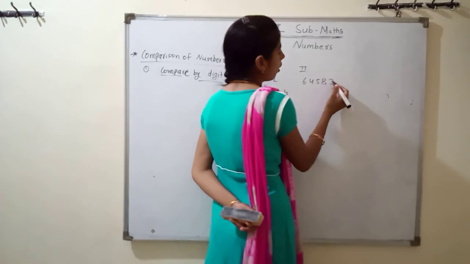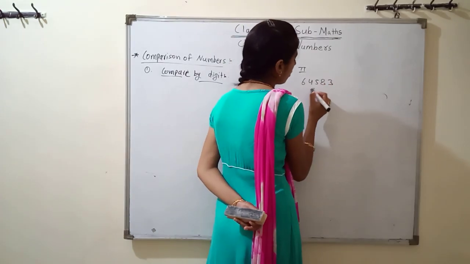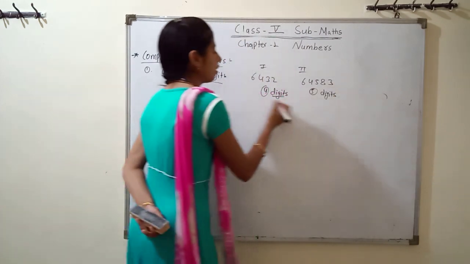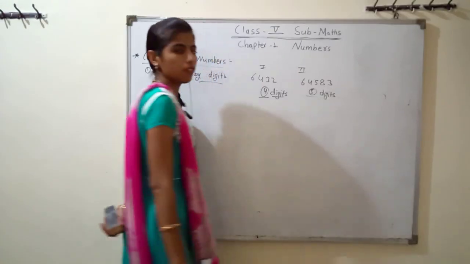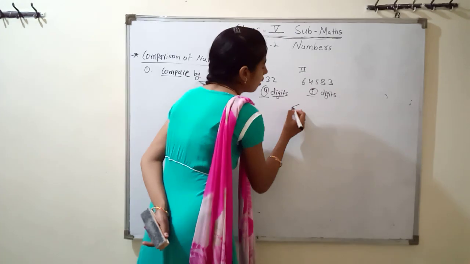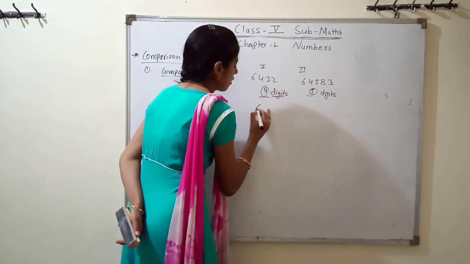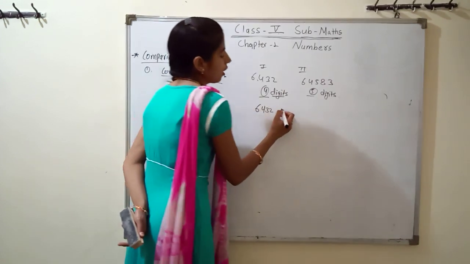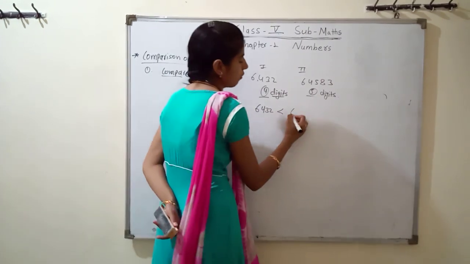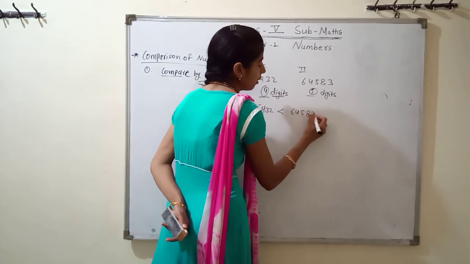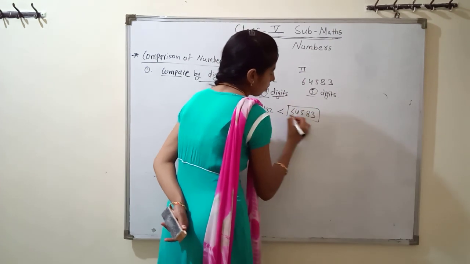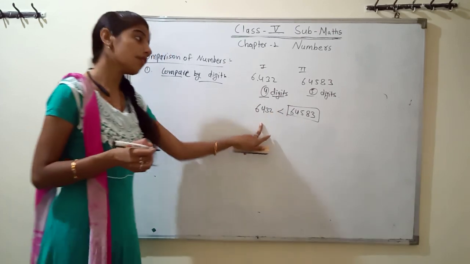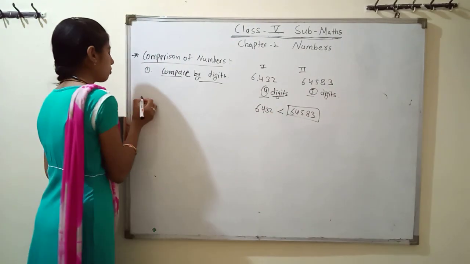Then 1, 2, 3, 4 and 5, a 5 digit number. So we can write 6432 is smaller than 64583. This number is bigger because it has 5 digits and this one has only 4 digits.